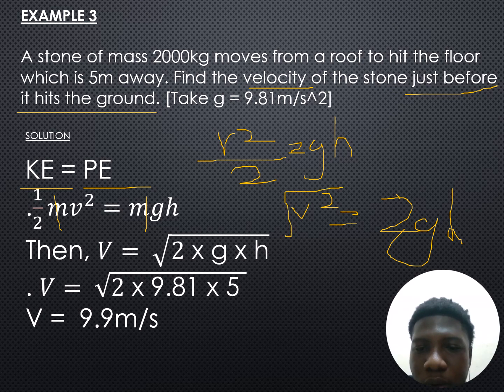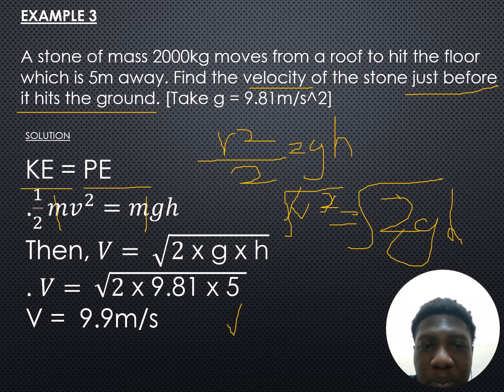And we can square root both sides, and the root will cancel the square. So that's how we got the formula. This is going to be v is equal to root of 2 multiplying gravity times height. That's how we got this formula. So kinetic energy is equal to potential energy, and we should find the velocity.